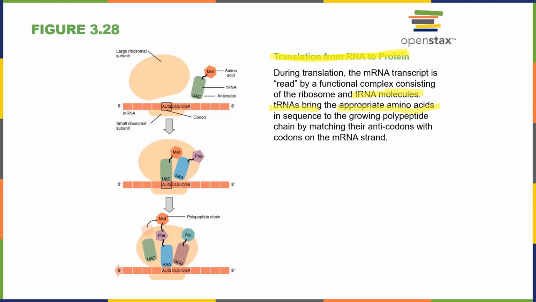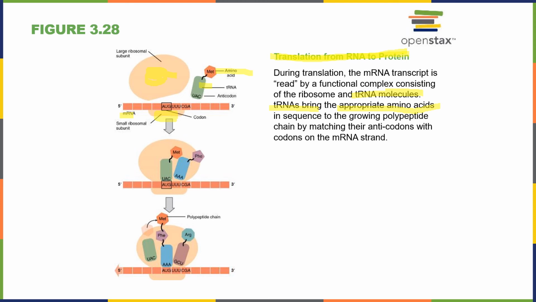So the tRNAs are transferring amino acids. So here we have an anticodon. Here's our tRNA. There's our amino acid. So let's look here. This is our messenger RNA. These are our ribosome subunits, and they're just grabbing right onto that messenger RNA.